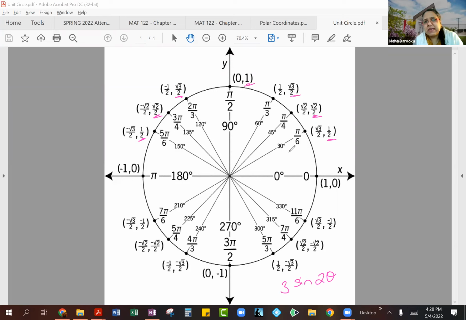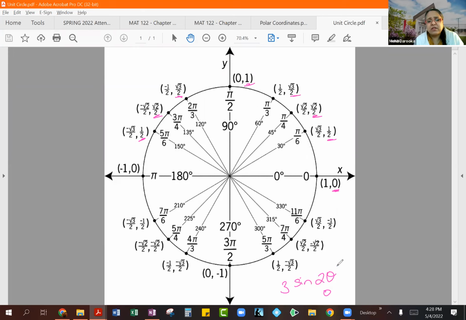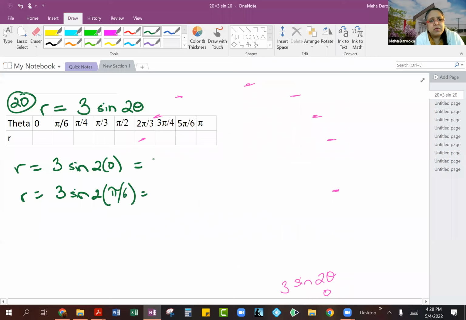And here's angle 0. So for 0, of course, 2 times 0 will become 0. So sine of 0 is going to be 0. 3 multiplied by 0 will obviously also end up giving us a 0. So we know this answer is going to come out to be 0 over here.